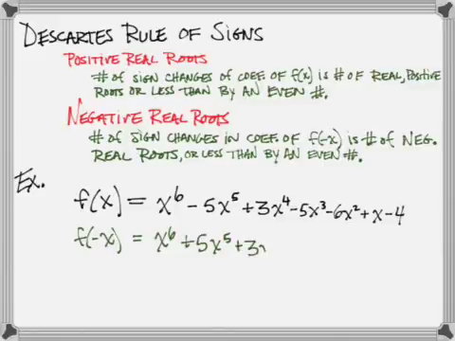No. If I put negative x into x to the 3rd, it does. It becomes positive 5x. This one doesn't change. And then x becomes minus x. And then minus 4.